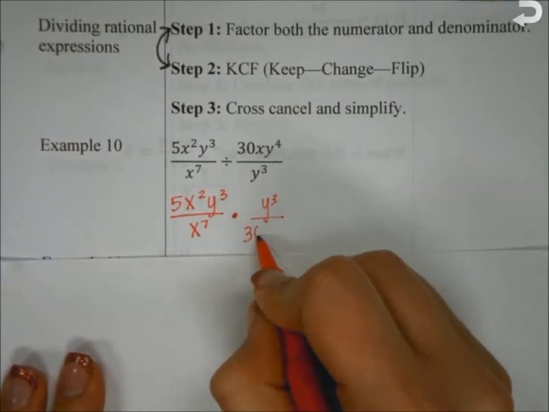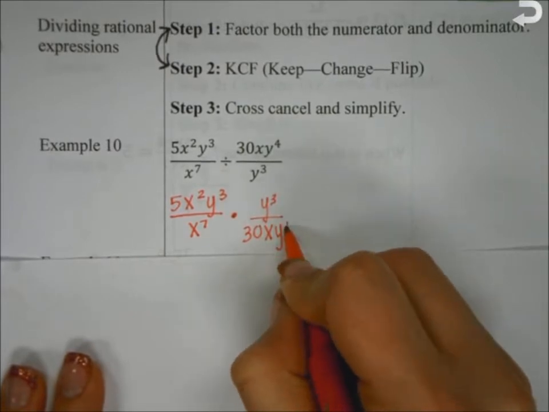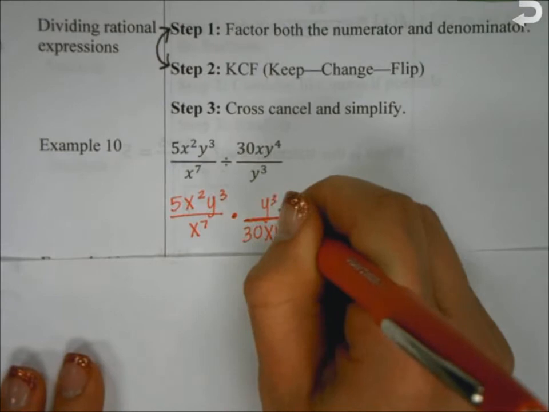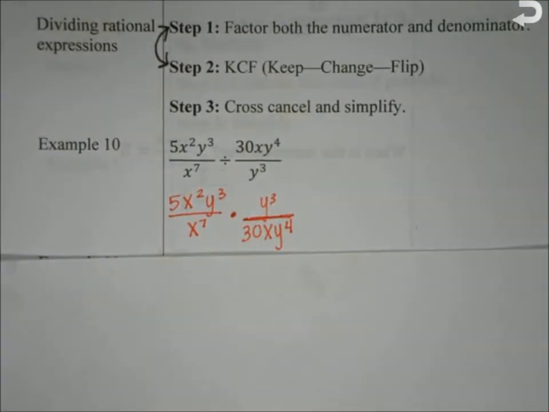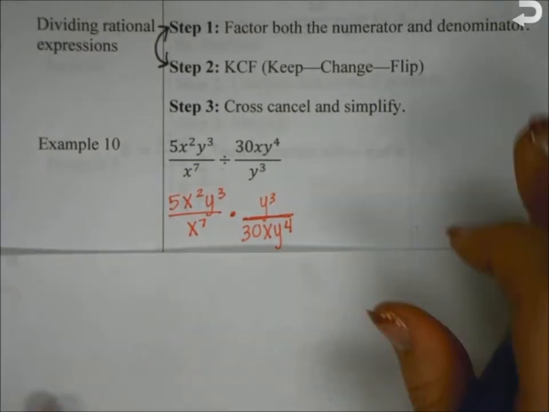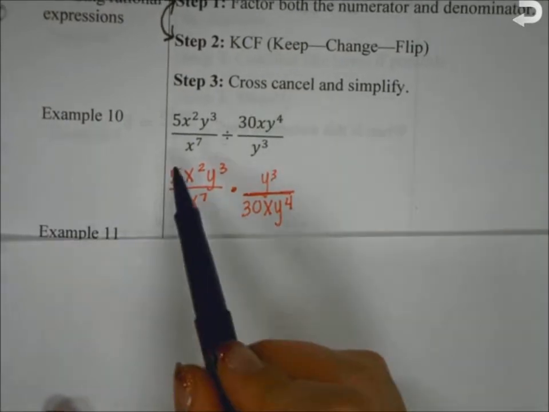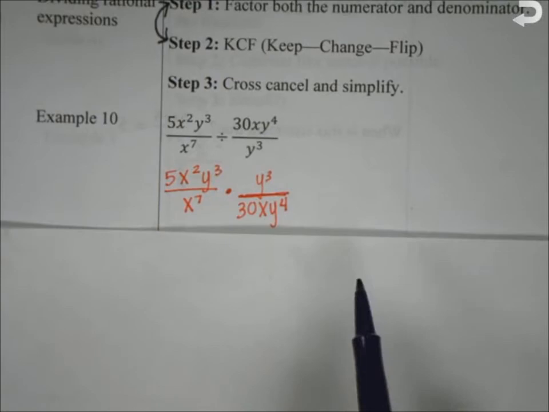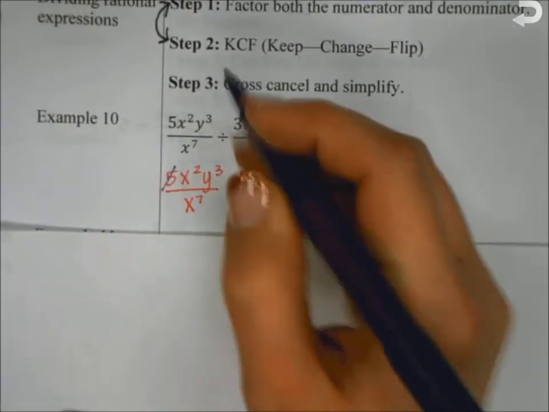Okay? Now, like I said, I go from left to right. So starting with the 5, what can cancel out with the 5? 30. 5 goes into 30 6 times. What about the x squared? There's an x to the 7, so all of those will cancel, and this would become x to the 5th.